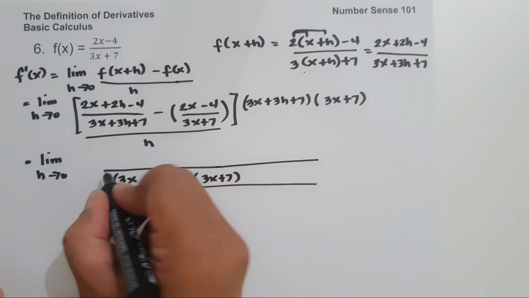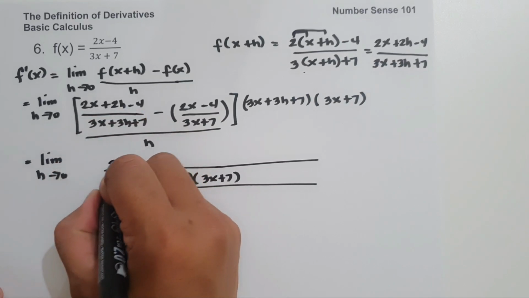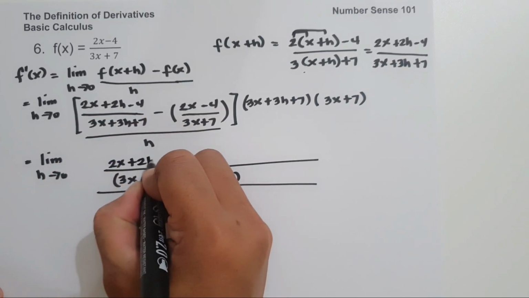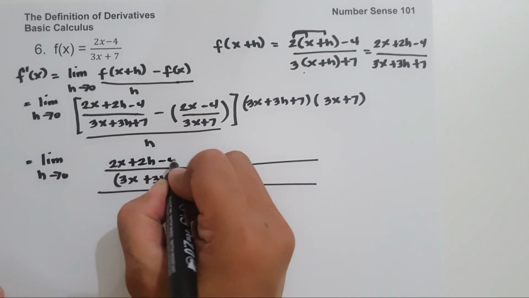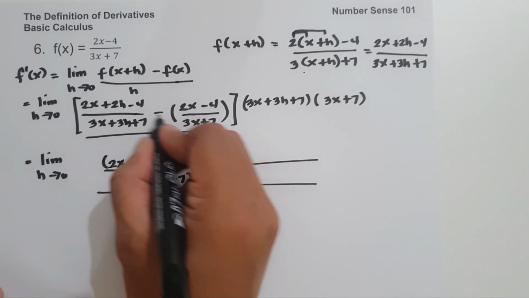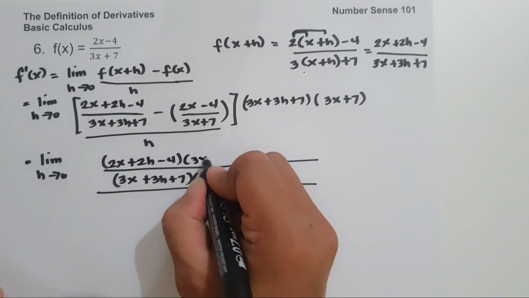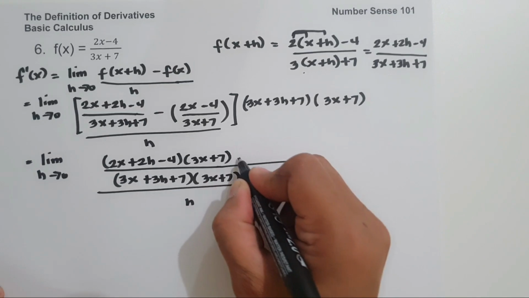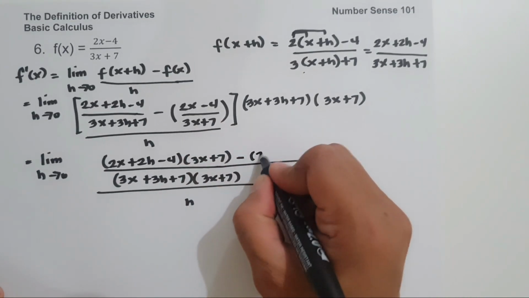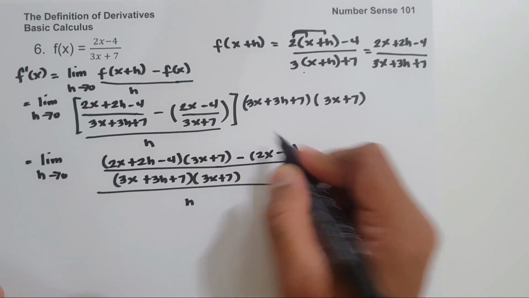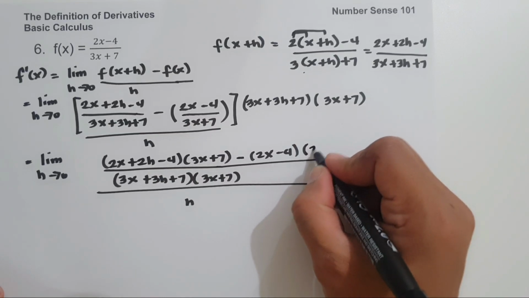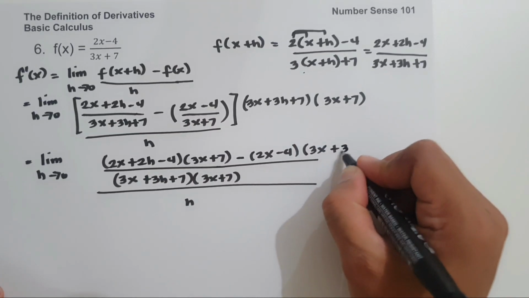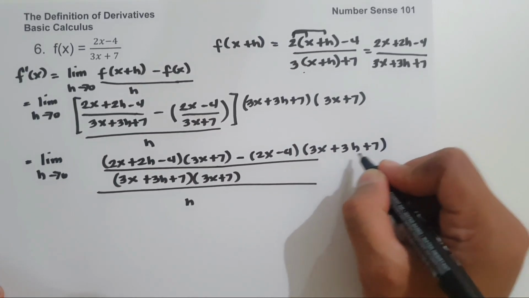And then let us have (2x plus 2h minus 4) multiplied by (3x plus 7) minus (2x minus 4) times (3x plus 3h plus 7).